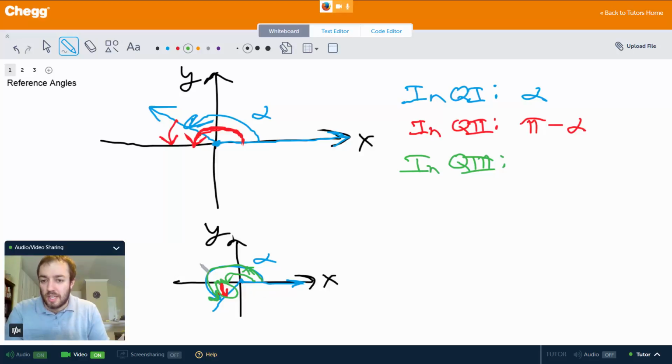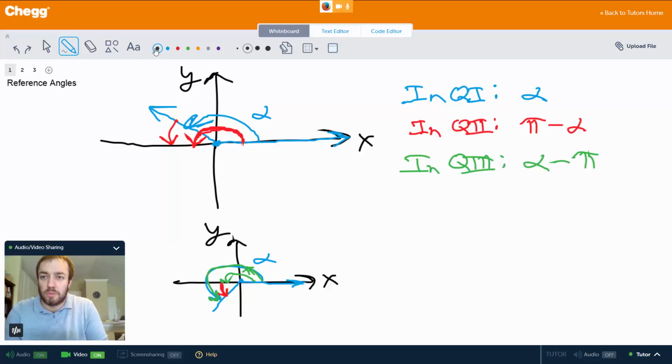And what we have left is exactly our reference angle. So in quadrant 3, the reference angle for the angle alpha is alpha minus pi.